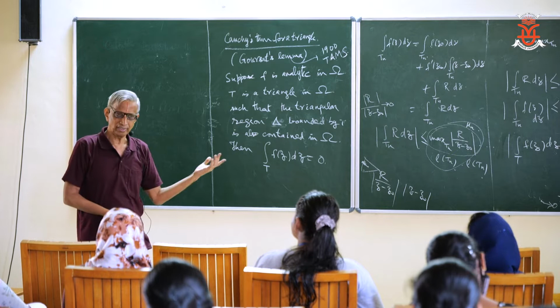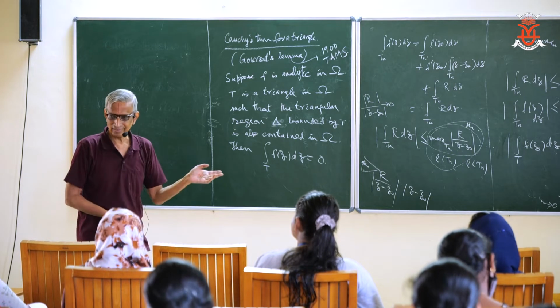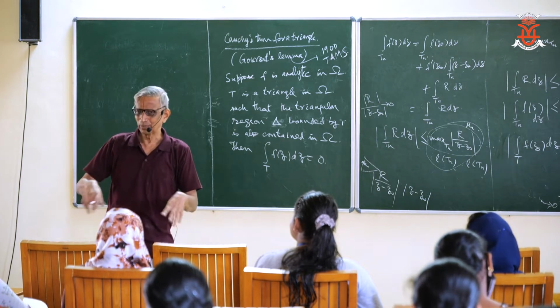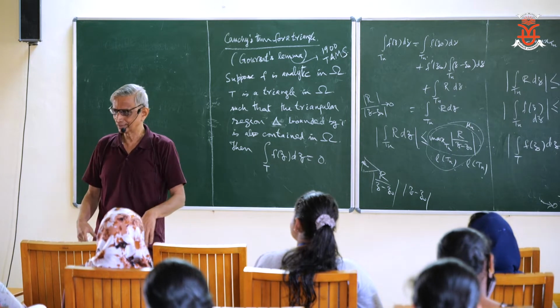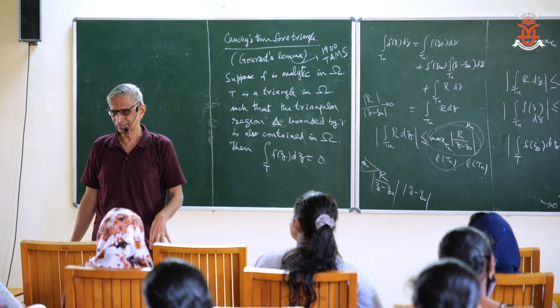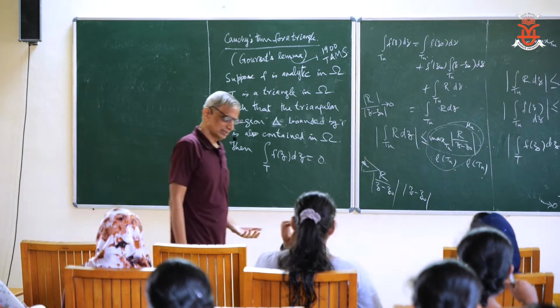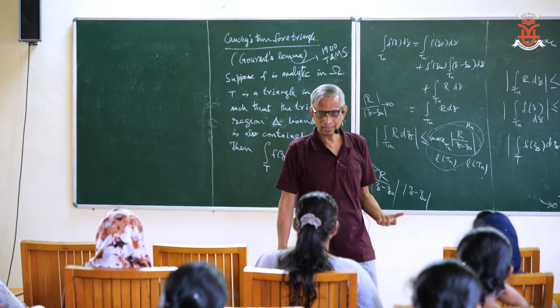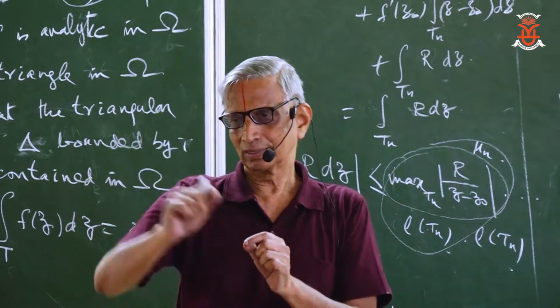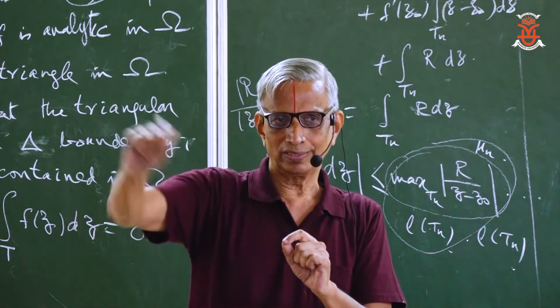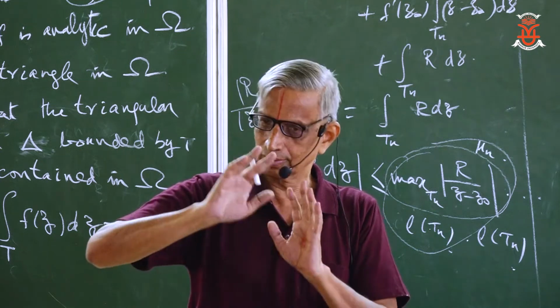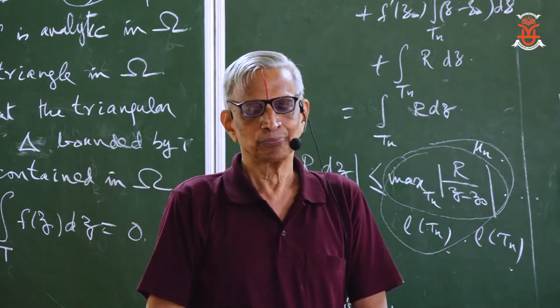But the proof that we can give for a disk actually works for more general domains. Say, for example, convex domains. You know what is convex, right? If you have 2 points in the domain, the line segment joining any 2 points lies in the domain.